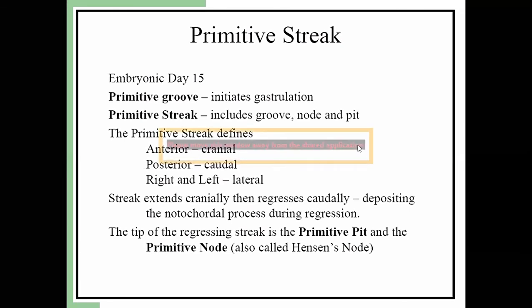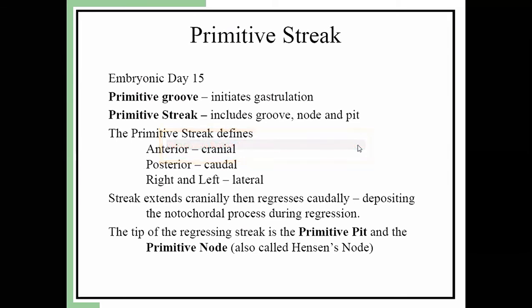There's one structure in the embryo that is very important. With the formation of the so-called primitive streak, it will divide the embryo into an anterior portion, the cranial portion, and the posterior, the caudal portion.